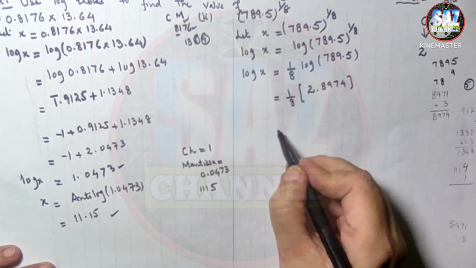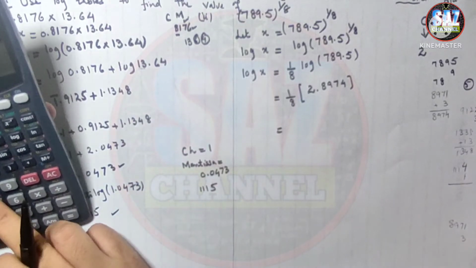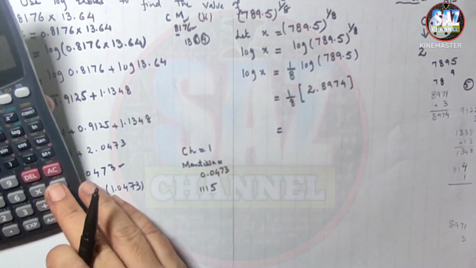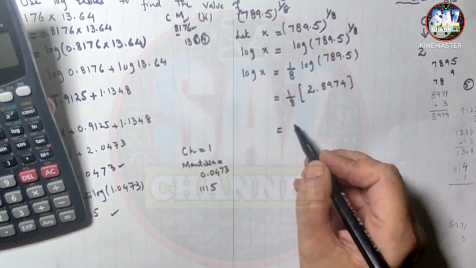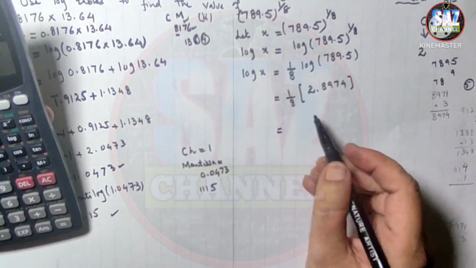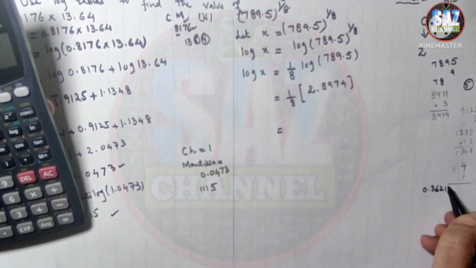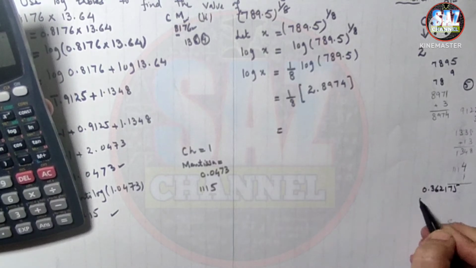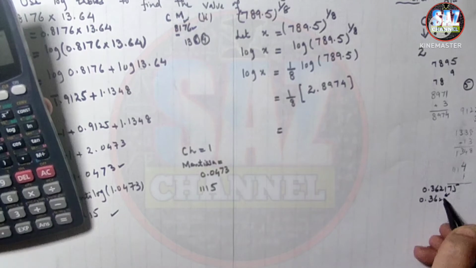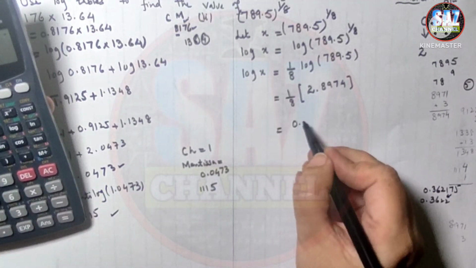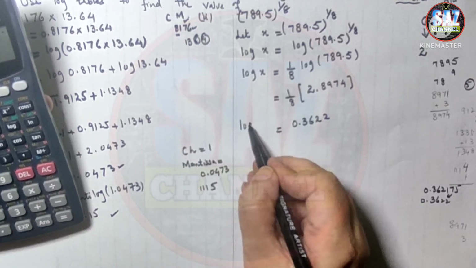Now I have to divide this number, 2.8974, by 8, and this gives me 0.362175. As we need to take 4 digits, it will become 0.3622, and this is log of x.